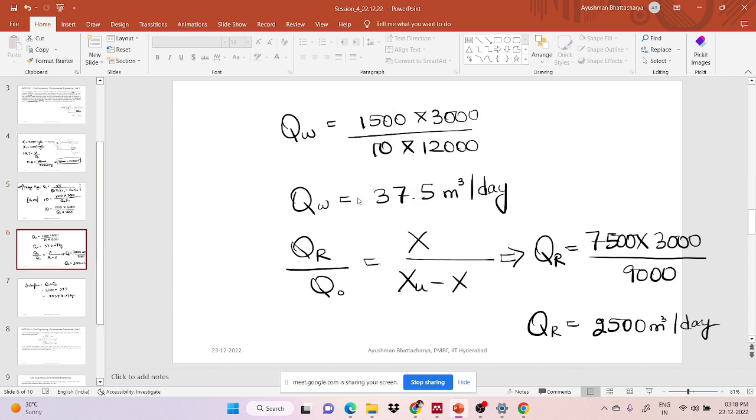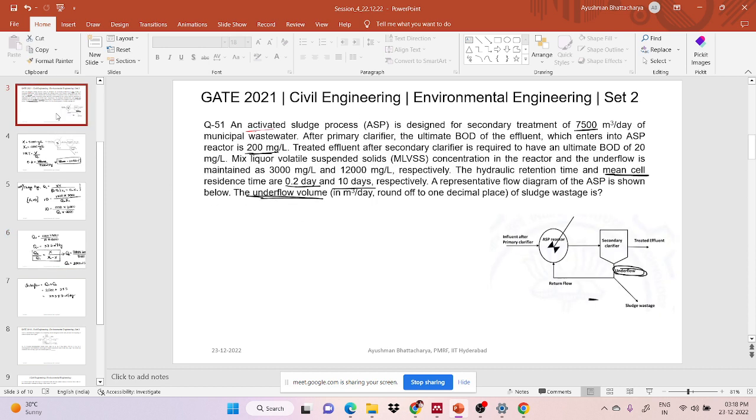After calculating QW, we use this equation: QR by Q naught equals X upon XU minus X. From here, it was 3000.